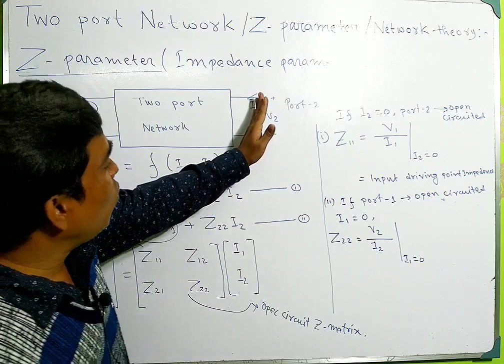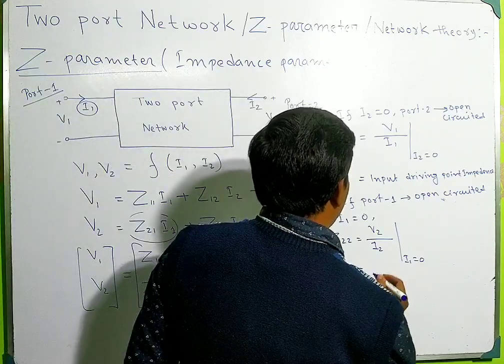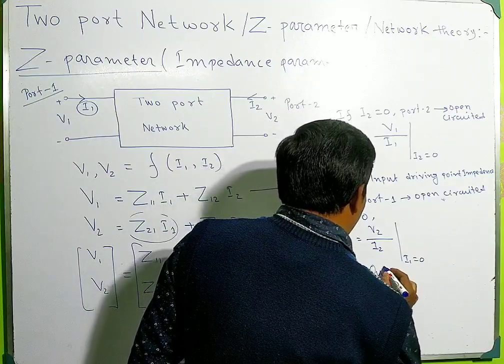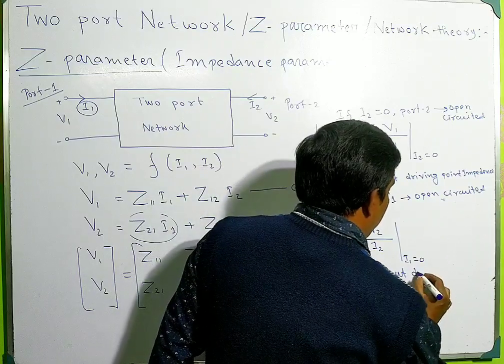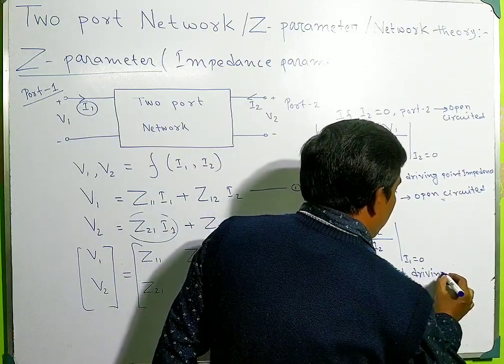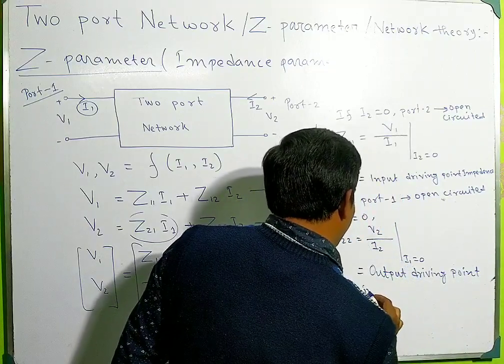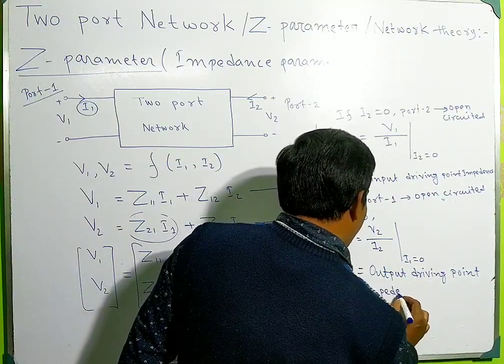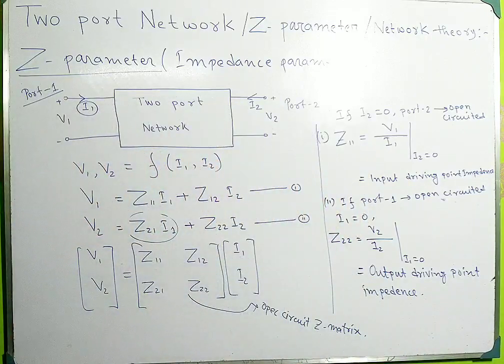And this is the output port. So this is called output driving point impedance.